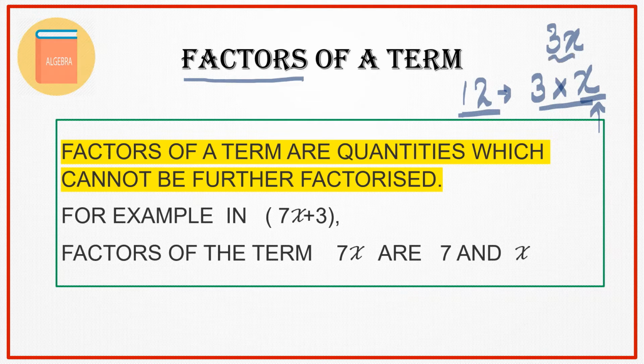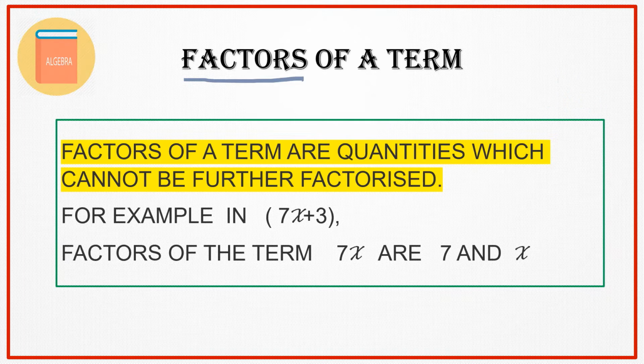And what do we mean by 3x? 3x is nothing else but 3 into x. So that means we should now know the factors of a term. Let's quickly understand. You have an expression, and an expression is made up of terms. And what are terms made up of? One term is made up of factors, right?